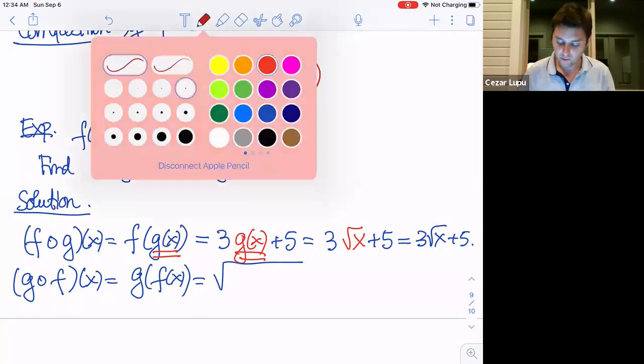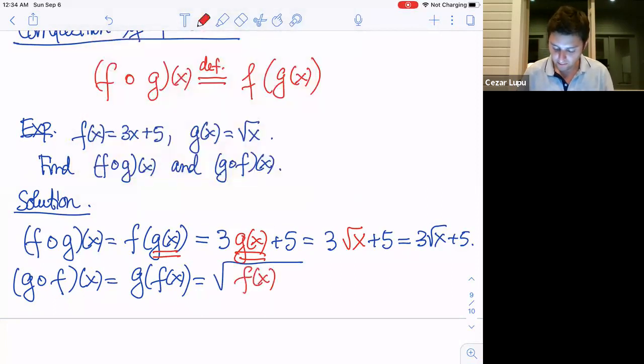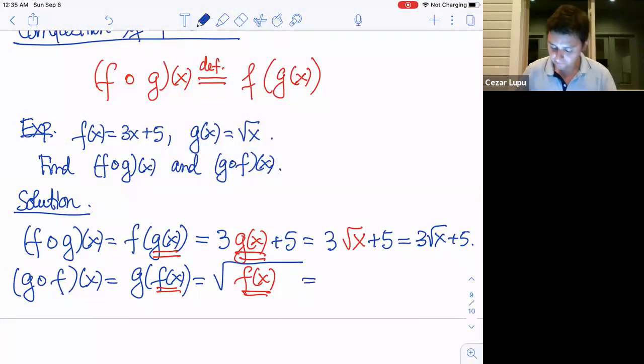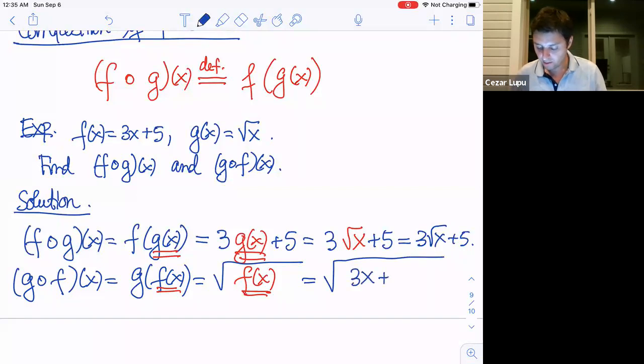So this will be the square root of f of x this time. The argument instead of x will be f of x. And now this will give us the square root of, well, f of x is 3x plus 5. So that's the square root of 3x plus 5.